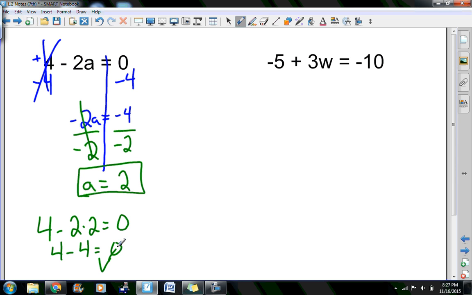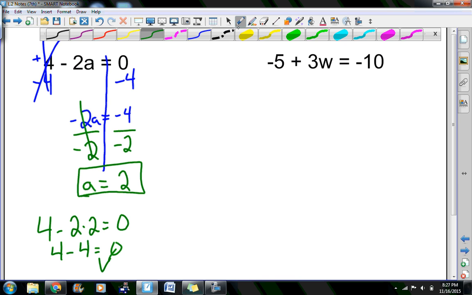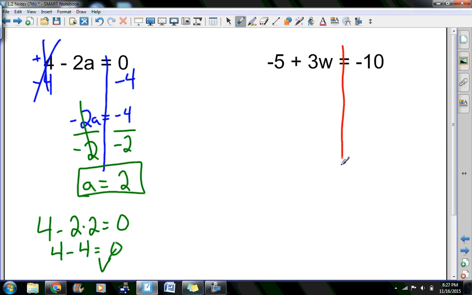Okay? Let's try the one on the right. This time I'm going to add 5 to both sides. So I create 3w is equal to negative 5.